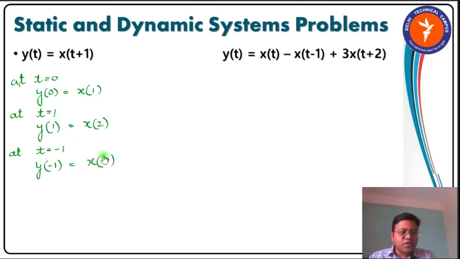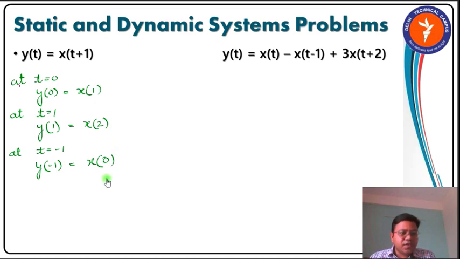Now all these equations are saying that the present output is depending upon future input. Over here also the present output is depending upon the future, because the reference instant is t = 1, so t = 2 will be the future. Similarly, at t = -1 we have present output equal to future input.